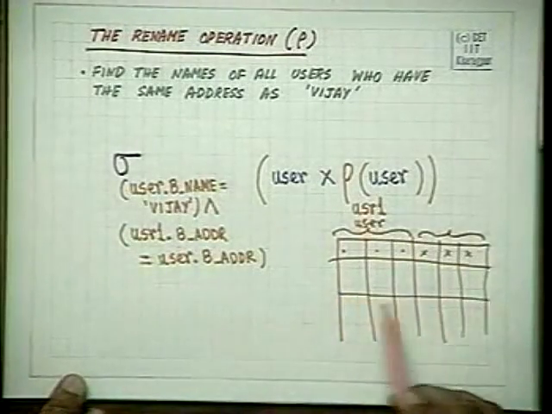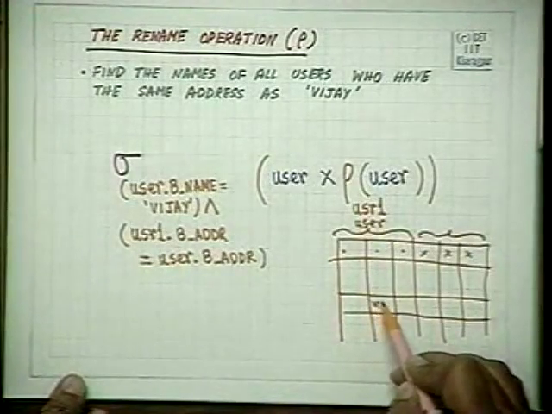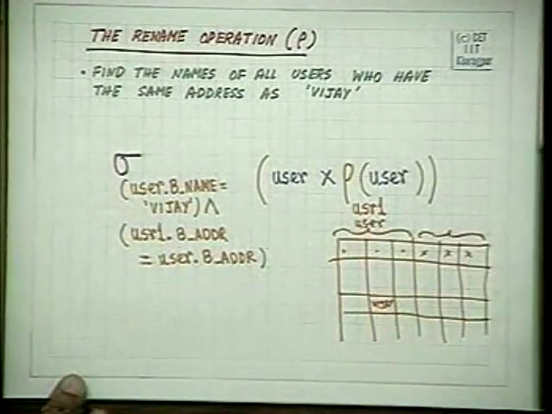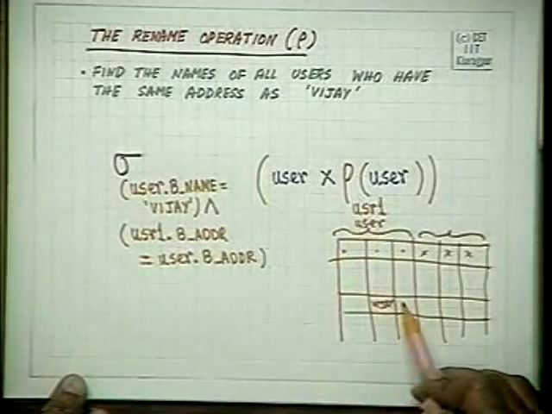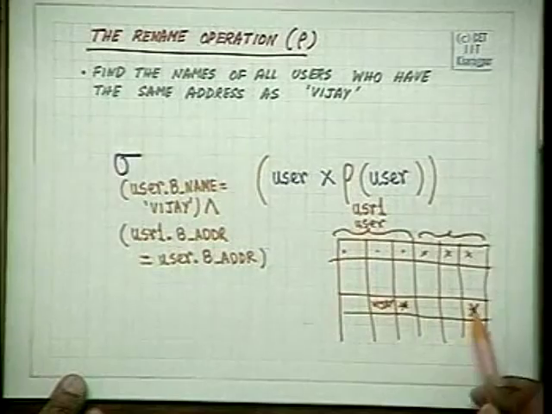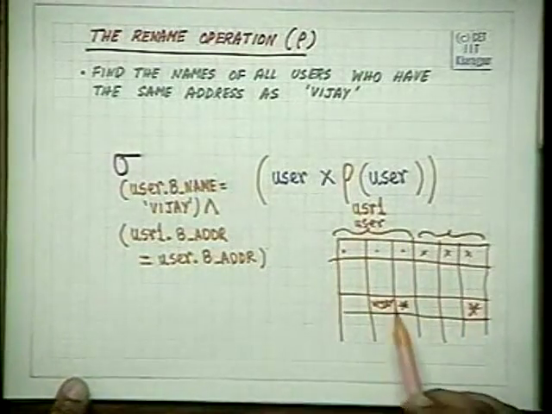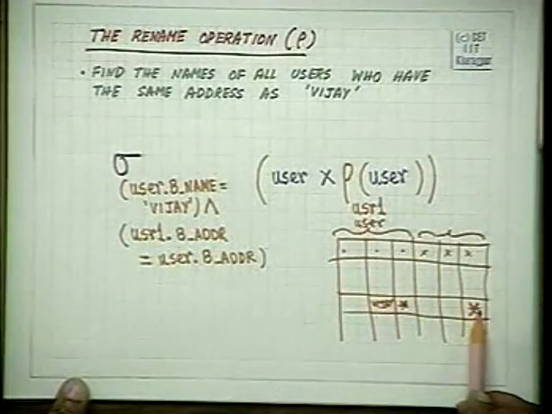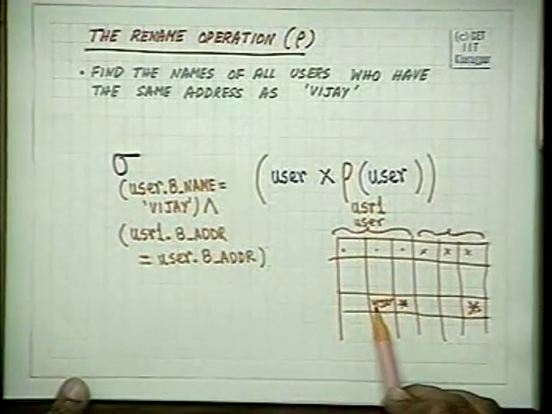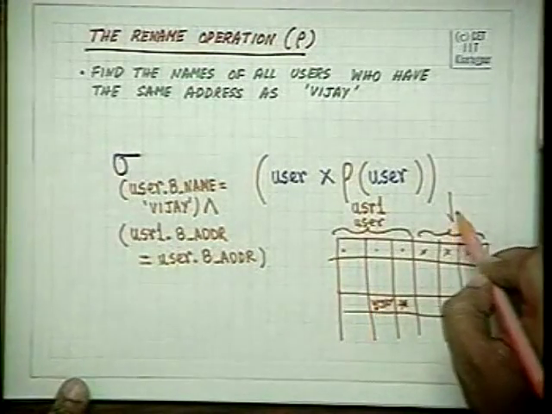In this, we have selected out all tuples which have got Vijay, and we have seen that the address here must match with the address here. So we have matched, the addresses are same, and the name here is Vijay, and what do we want? We want this name out.